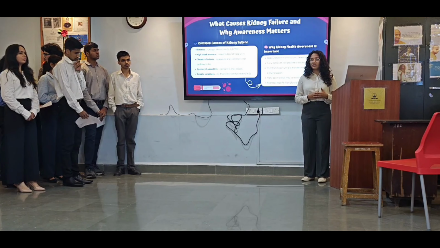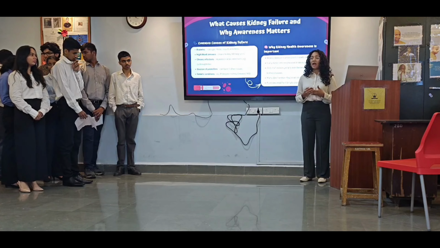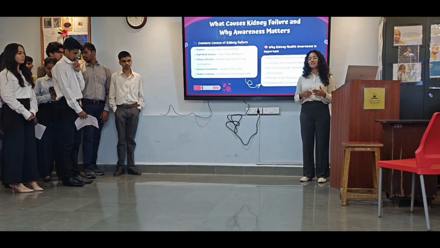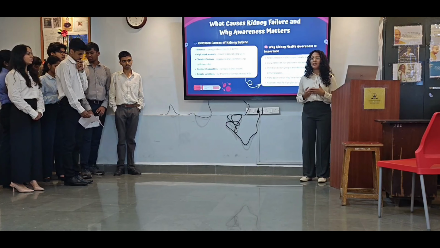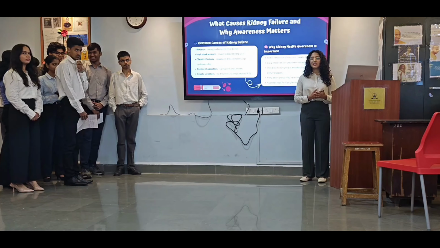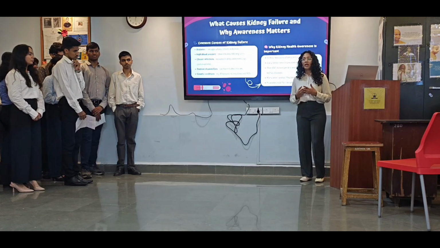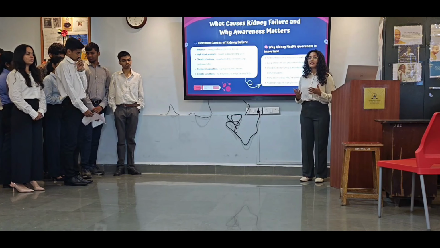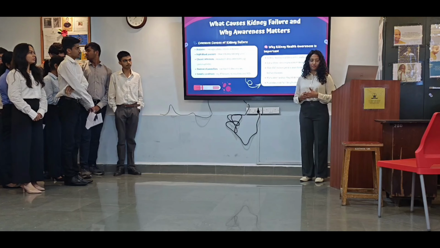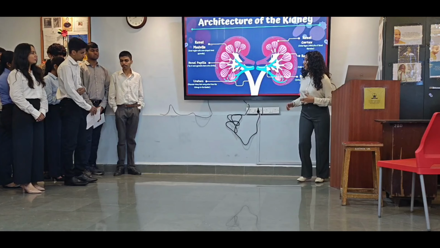We don't realize it right away because kidney diseases do not show in an obvious way, and hence they are also called a silent killer. To protect our family, friends, and people around us from these diseases, we need to spread awareness. We need to educate them about how important regular checkups are so that they can lead a happy and healthy life. Now, the architecture of the kidney will be explained.